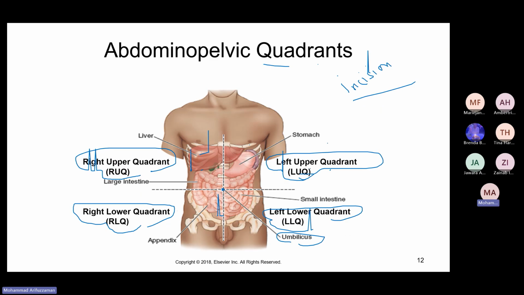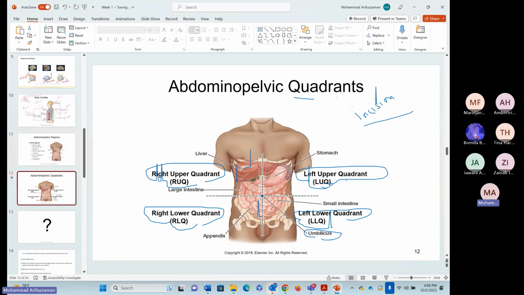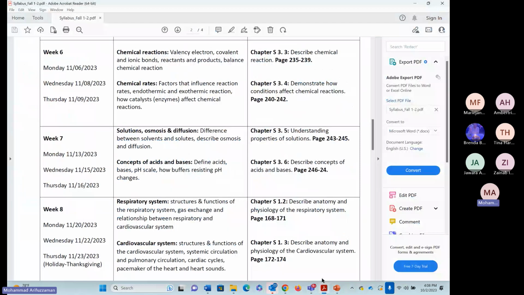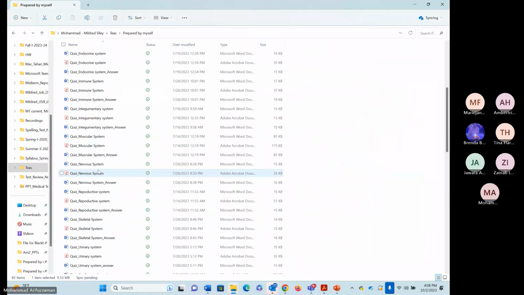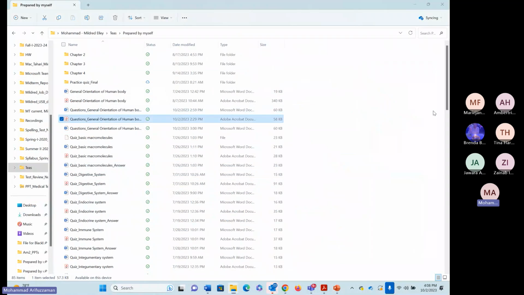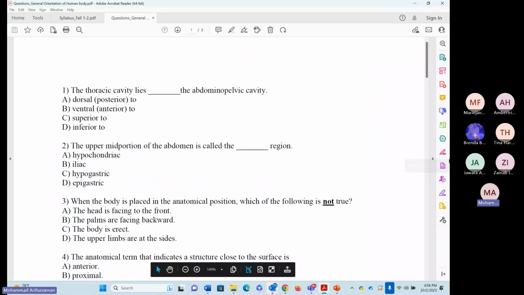Any questions about these directional terms? If not, now let's start some questions and exercises, because this is a workshop, so we'll discuss some problems now. Okay, where are the questions? Let me open. Okay, can you see the questions?